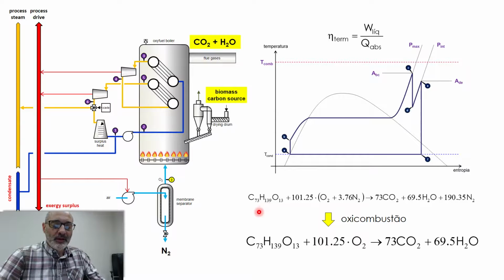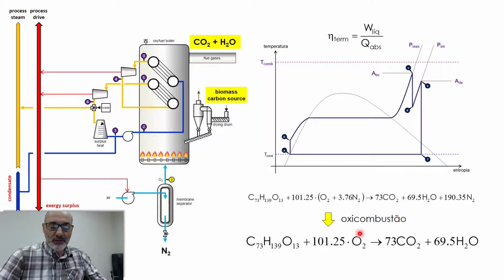The combustion equation, just to give you some numbers, the classical combustion equation with air. This is the average chemical formula of sugarcane bagasse. All the stoichiometric calculations are already here, or the results. So you need 100 moles of air per mole of fiber, and you produce, as you see, a lot of nitrogen.